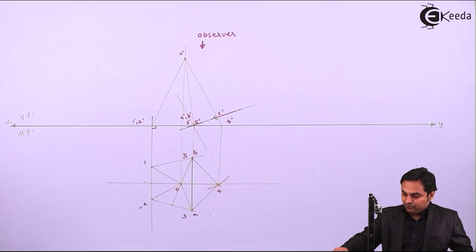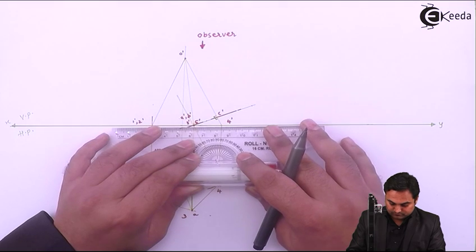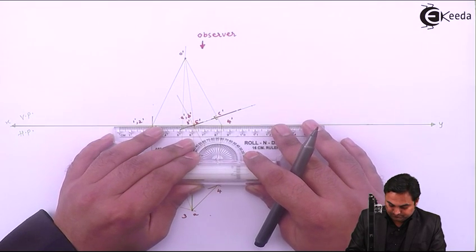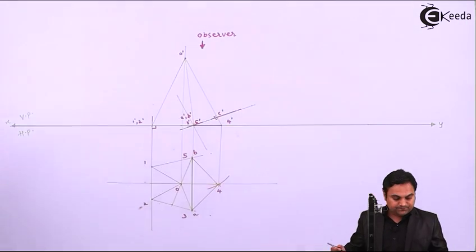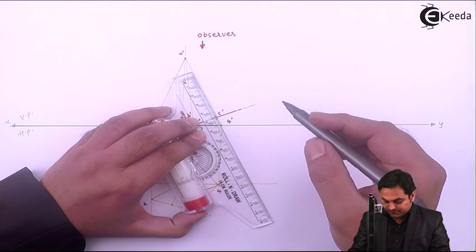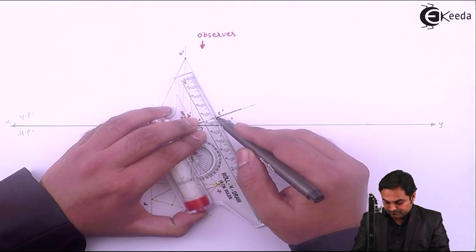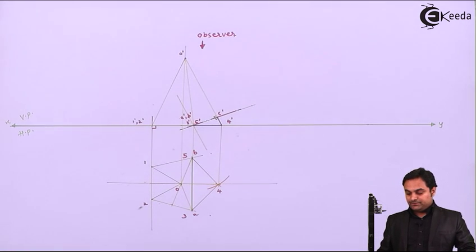So I will have to make it dark. From 3 dash 5 dash up to 4 dash. Next from 4 dash to C dash. Only this much part of the pyramid remains.